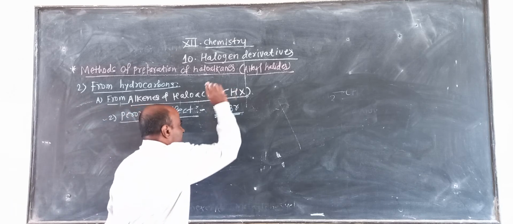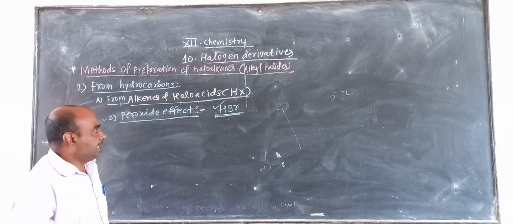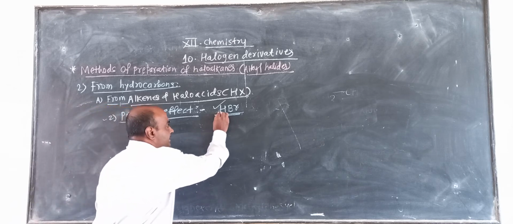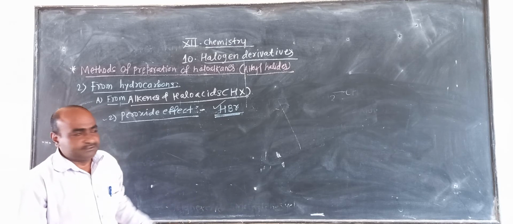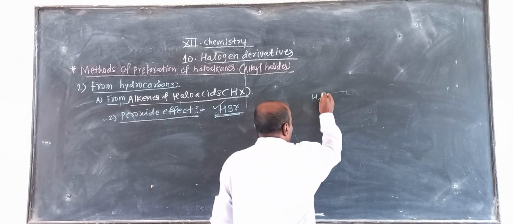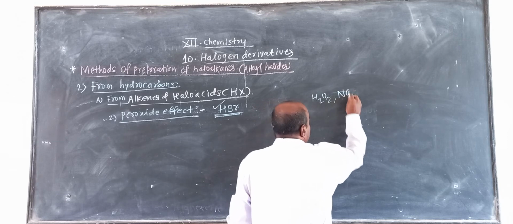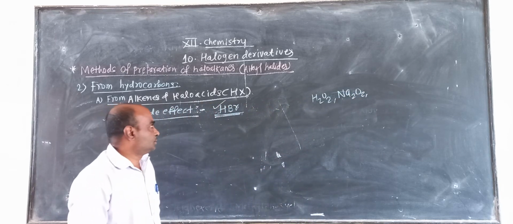In the case of HBr, what happens when an unsymmetrical alkene is added with the halo acid HBr? The effect is observed in the presence of either hydrogen peroxide or sodium peroxide, or sometimes benzoyl peroxide is also taken.